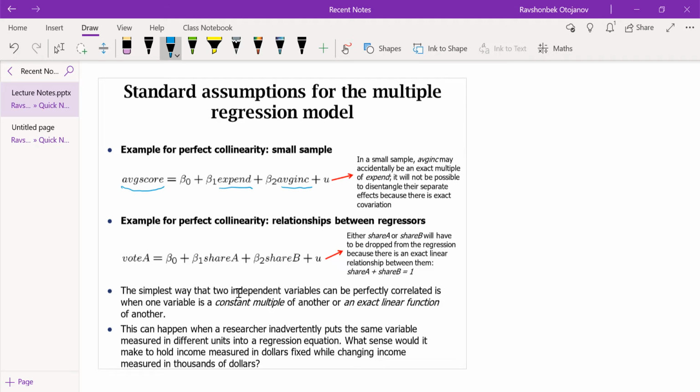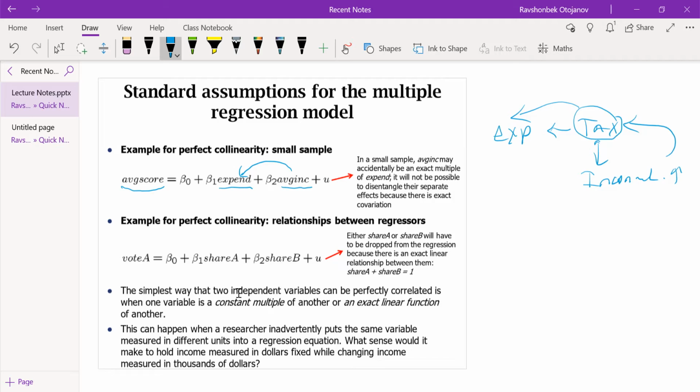In small samples, there is a possibility that average income is strongly correlated with expenditure, because remember, expenditure per student is a function of tax, and tax depends on average income in, for example, districts in the USA. High income districts mean high tax. That high tax increases the budget of the district or the state, and then they usually spend more on schools, so spending will be higher per student.